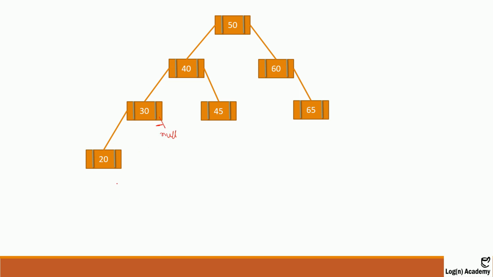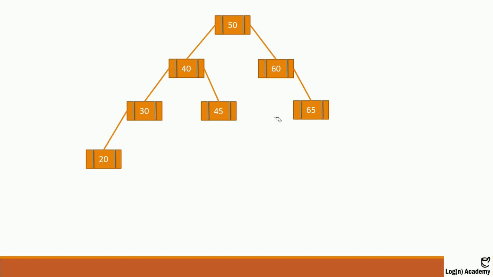In the same way, node 20 is not pointing to any other node, so it's a leaf node. The same way, 45 is also a leaf node, 65 is also a leaf node, and it is not pointing to any other node. And same here with 60, its left node is null. So we can use these null pointers to point to the parent nodes, and then we can traverse the tree without recursion and without a stack.